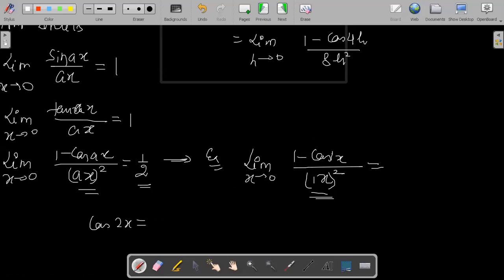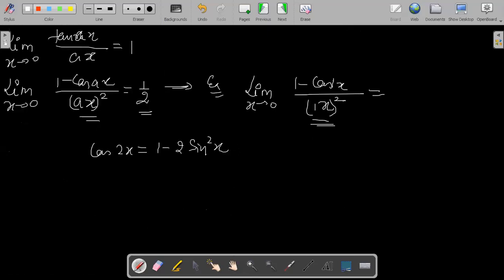Cos 2x I can write as 1 minus 2 sine square x, but here it is 2x, so at this place we will write x, and if I divide this 2x by 2, this x we have to divide by 2 as well.